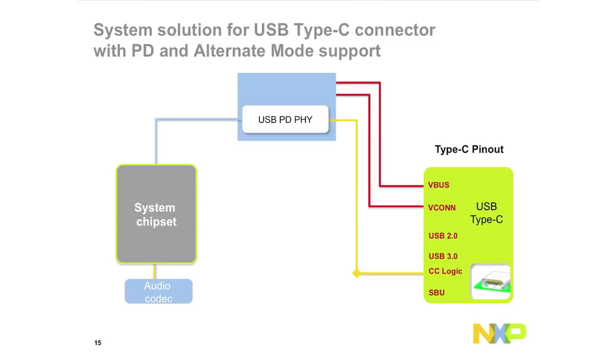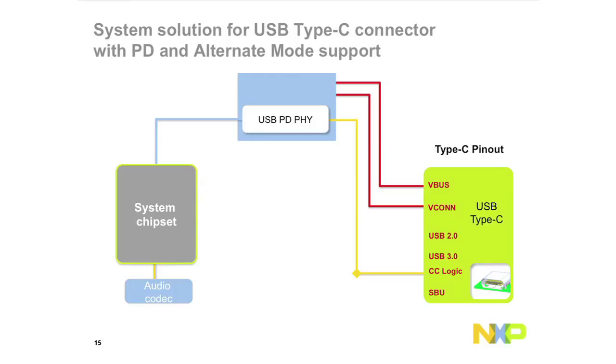Okay? So the very first thing you need between the connector and your chipset is something called a PDFI, or a physical layer PD device. And why do you need that? Because, as we established, if you are going to support PD and the other side is going to support PD, they both need to talk the same language.